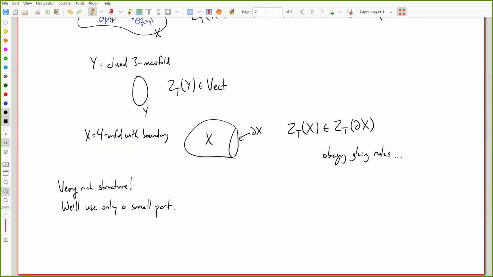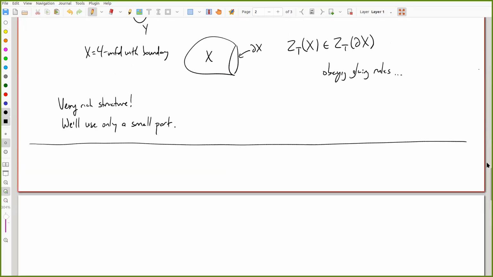The particular kind of N=2 supersymmetric field theory that I want to use today, the one that Witten used for Donaldson theory, is called super Yang-Mills theory. So let's say heuristically what that is.